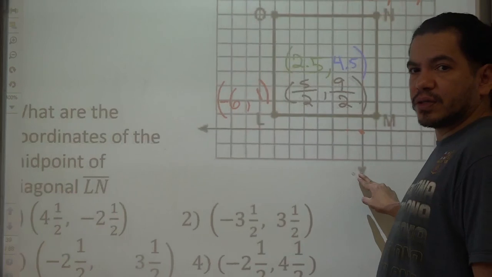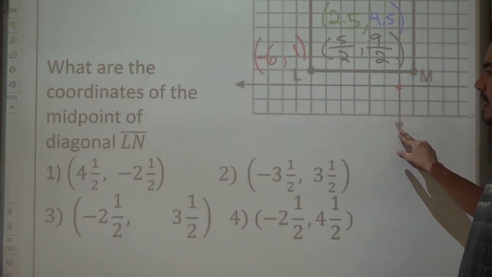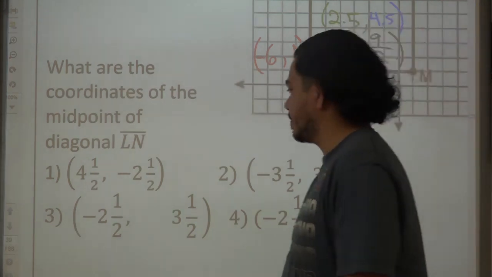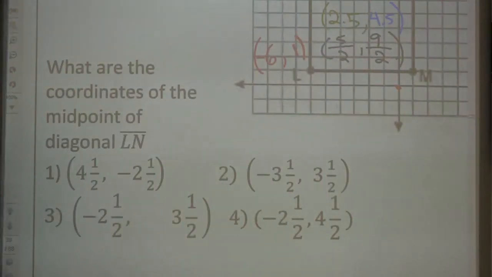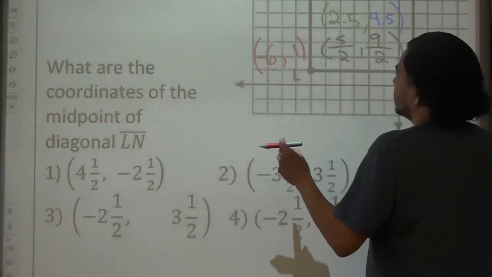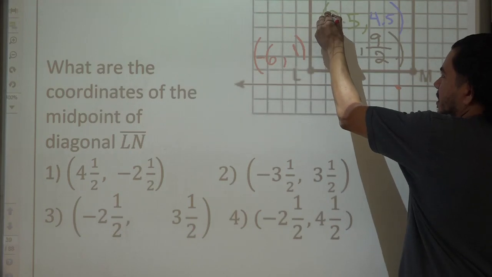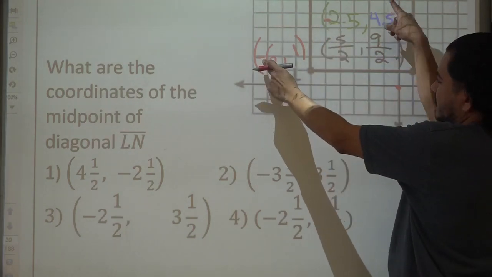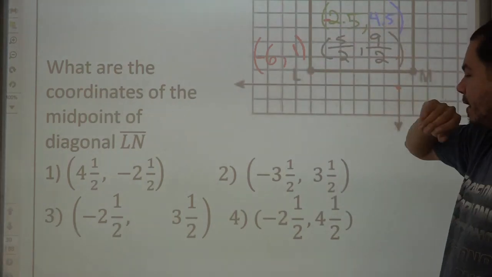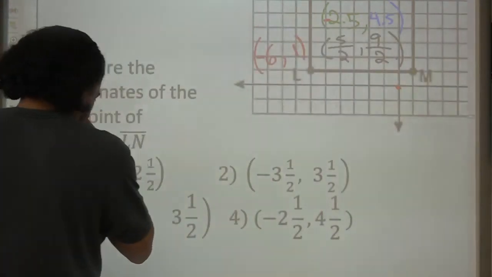All right, let's see now. Ooh, nice, magic. Okay, so I got 5 over 2 or 2.5. And once again, I keep on making mistakes. This is supposed to be negative because this thing was negative. So that's negative 2.5, comma 4.5. All right, so let's see now.